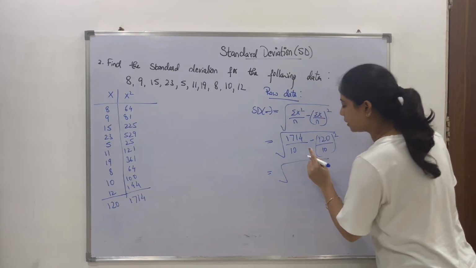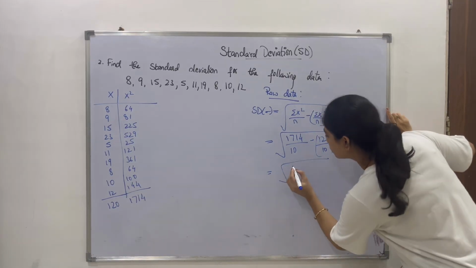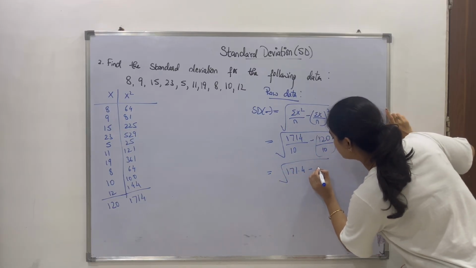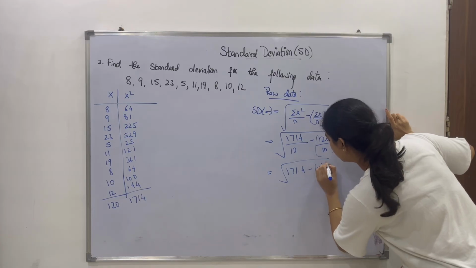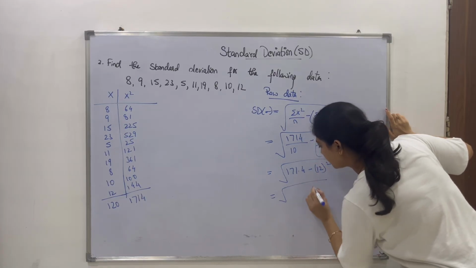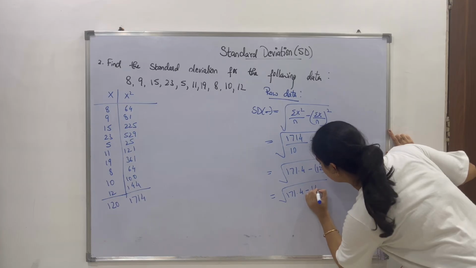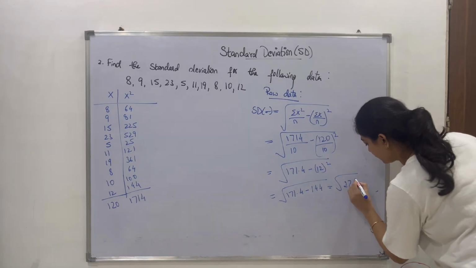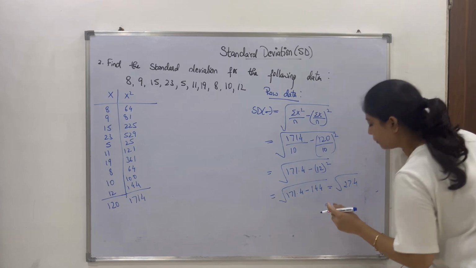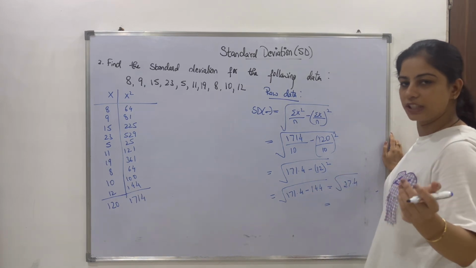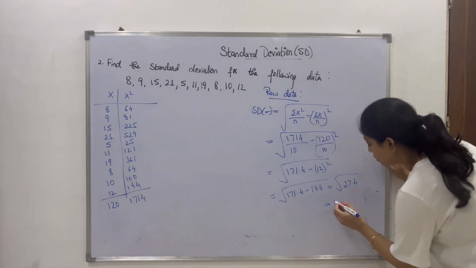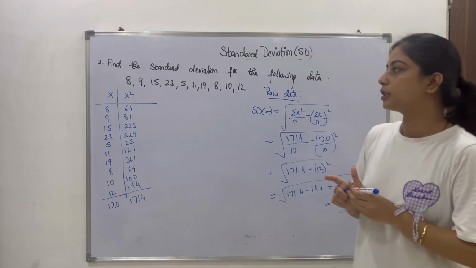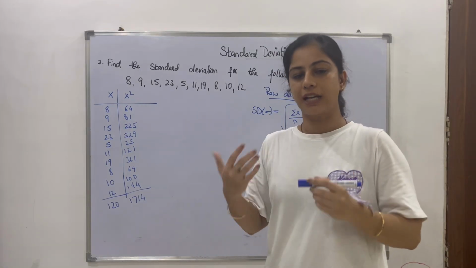Now taking the values of this, it becomes 171.4 minus 120 by 10, which is 12 the whole square. 171.4 minus 144, and the value of this is, if we want, we can take the root of this using the calculator and get the final answer, which is 5.24. So this is how we find standard deviation for raw data.